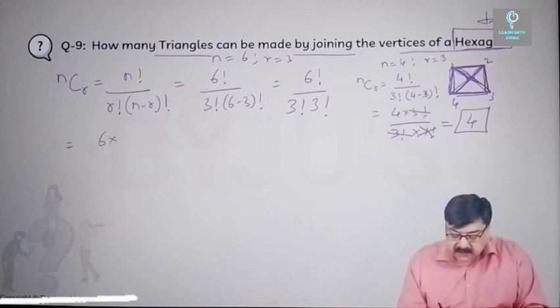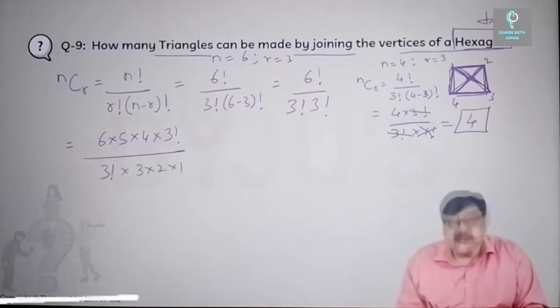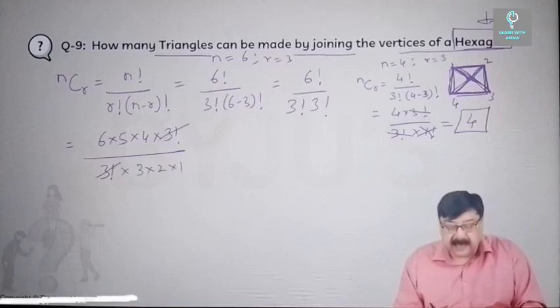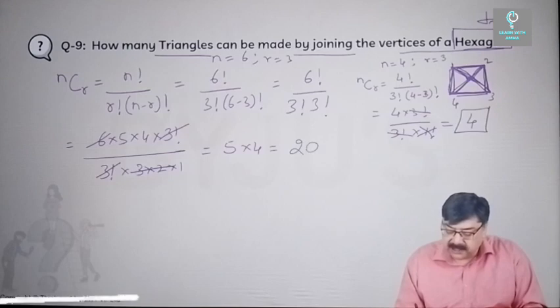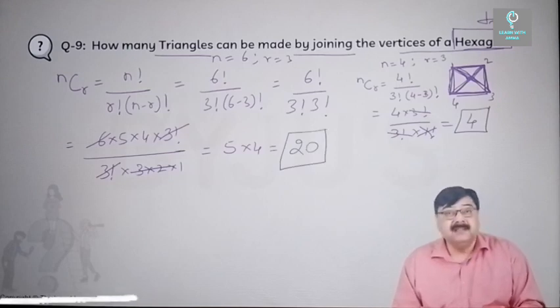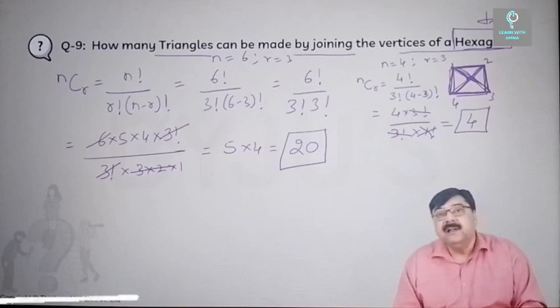So this is 6 into 5 into 4 into 3 factorial by 3 factorial into 3 into 2 into 1. This 3 factorial in the denominator and the numerator cancels. 3 into 2 is 6. So 5 into 4 is what we are left with. So there are going to be 20 triangles which are formed by joining the vertices of a hexagon.